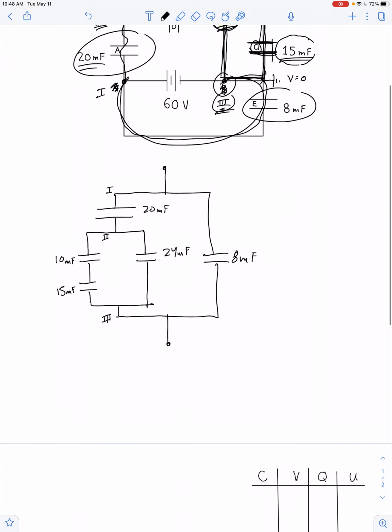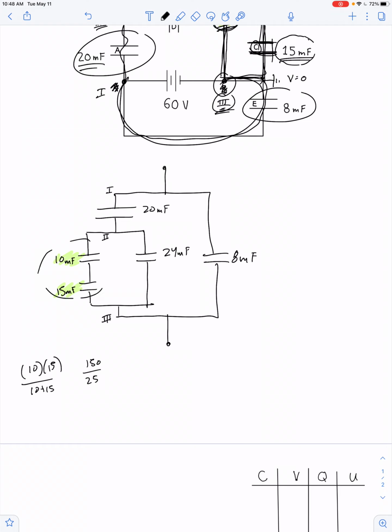Now let's see. We're going to use the rules for combining values, and the first combination we can make is the 10 and 15 together. Now, when capacitors are in series, we can use that product over the sum rule. We can say 10 times 15 over 10 plus 15, or 150 divided by 25.